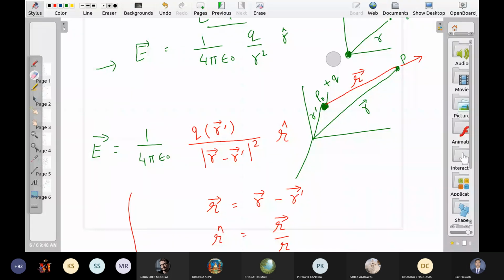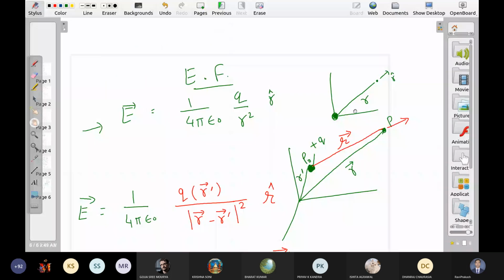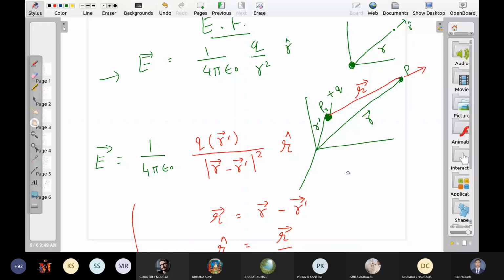I mean, I just redefined the same equation. This is true when you assume charges are at origin. That's why you write it very casually. If charges are not at origin, we just have to redefine it. We need to know where is the charge. We need to know where do we want to calculate the field. And once we know these two, we can use the same formula, right?